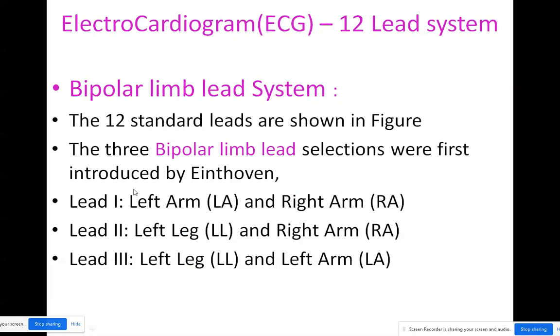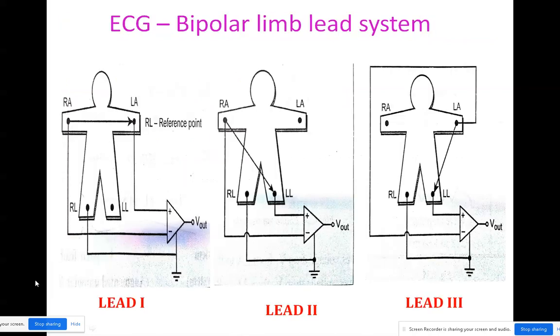In the first lead, you will place electrodes on the left arm and right arm. For lead two, the left leg and right arm. For lead three, the left leg and left arm. See here, left arm and then right arm, both arms.